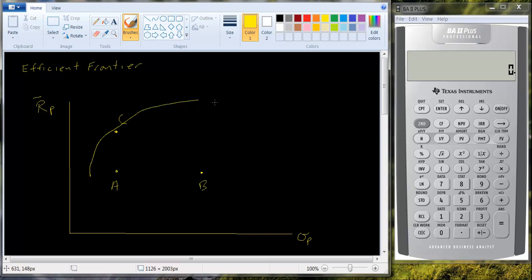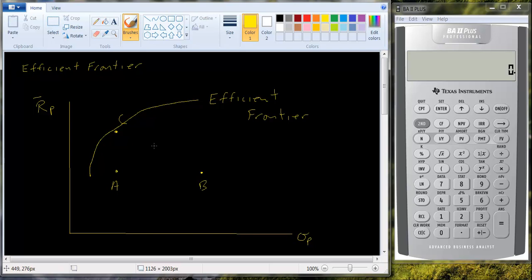We have something called the efficient frontier. The efficient frontier is made up of all portfolios that have the highest expected return for a given level of risk or the lowest risk for a given expected return.